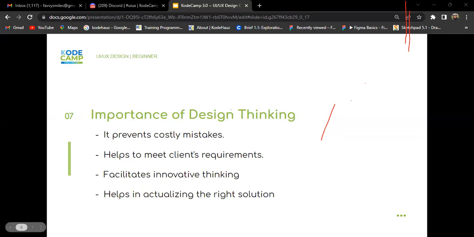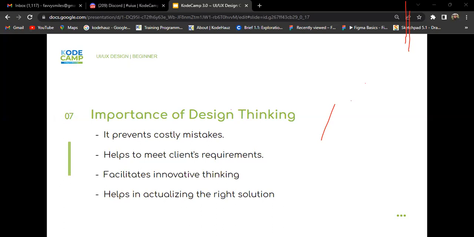Okay, so somebody asked me to explain how design thinking prevents costly mistakes. I already mentioned this, and I even gave an example. I'm just going to give you the example that I gave before. Take two designers: the first doesn't go through the design thinking process and the second does.